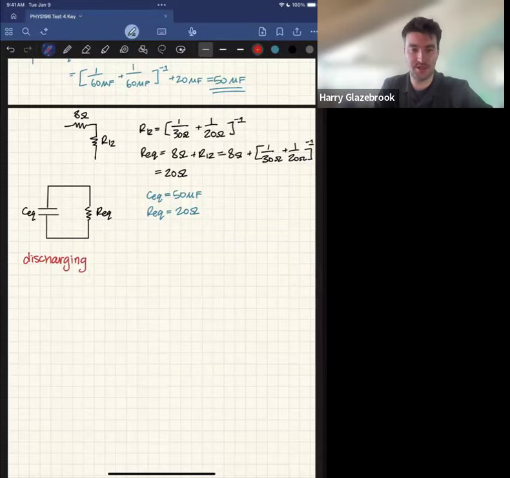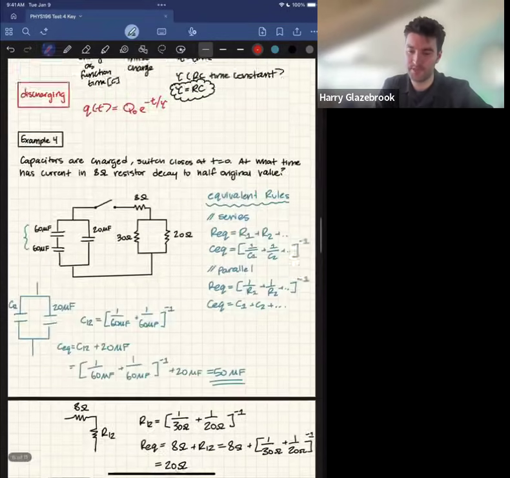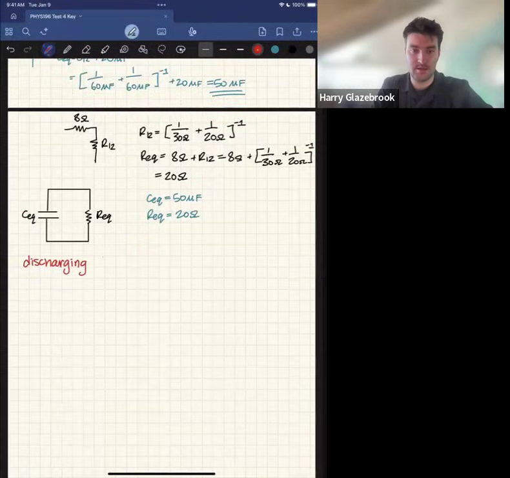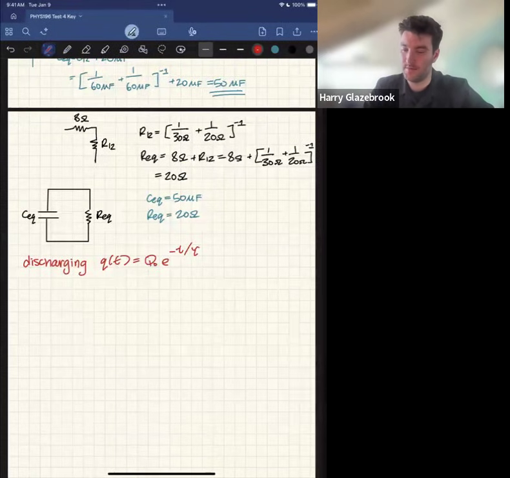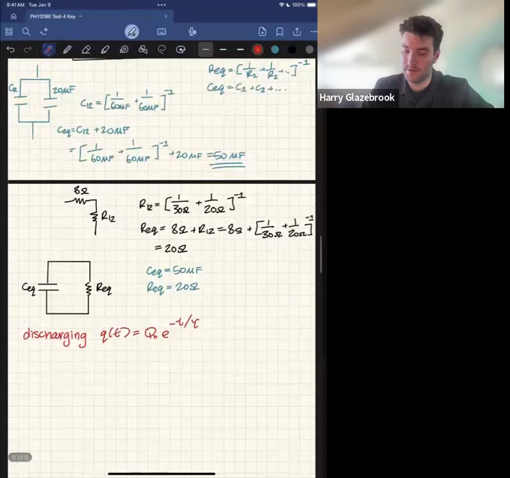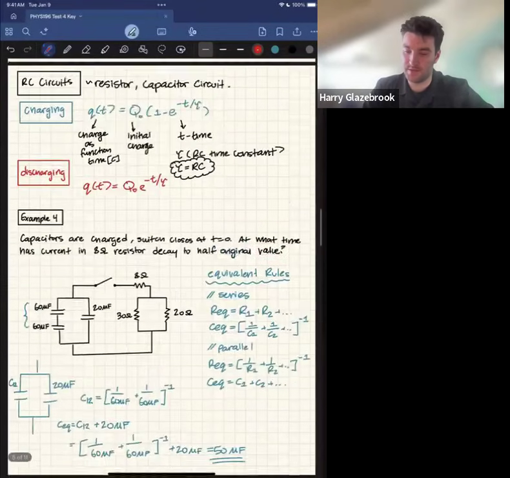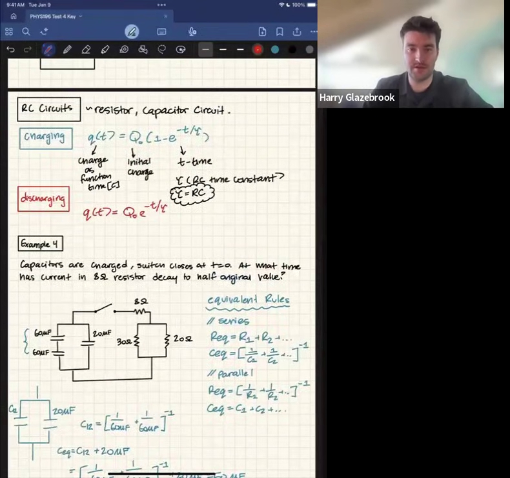I'll look it up in my formula sheet. I see that the charge as a function of time is Q naught e to the negative t over tau. Cool. Oh yeah, I forgot about this. There's an equation here for charge, and I actually forgot to put the equation for current, so I'll just put it in.